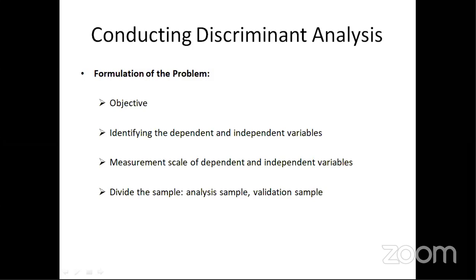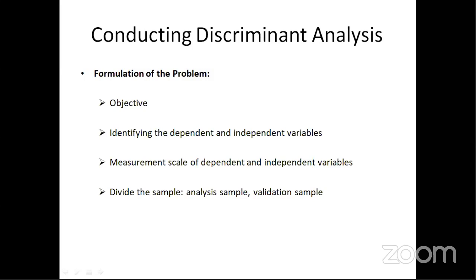These can be identified by using literature review, on the basis of the experience of the researcher, or by using qualitative research discussion, meaning focus group discussion. Using these techniques, we can identify some dependent and independent variables.